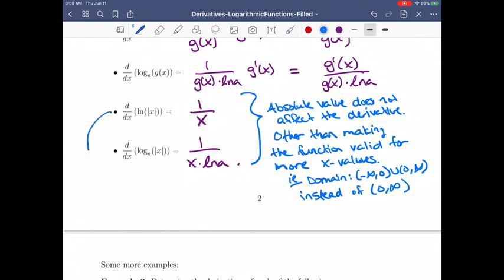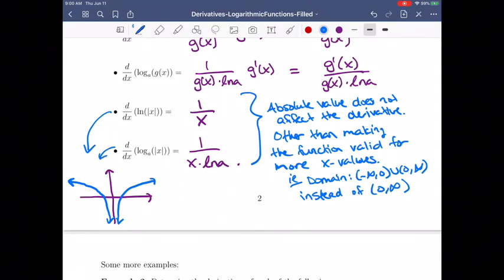Okay, so if we take one of these, I'll just draw you a quick sketch. It looks just like the log graph on this side. So you get something like this, but then you get the same thing on this side, just going the other way. That's for either of these.